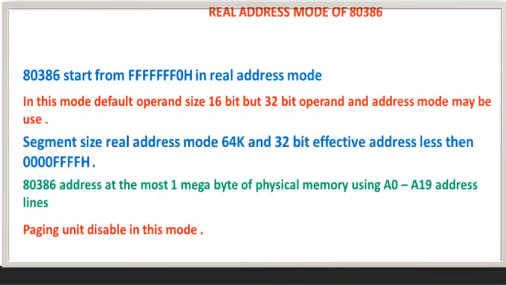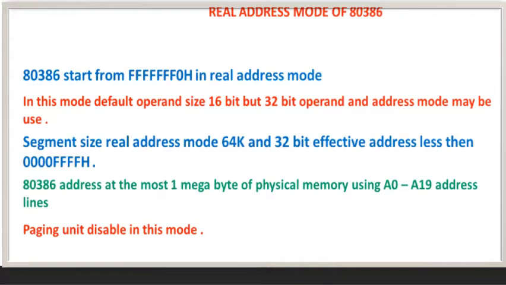In this mode, the 80386 works as an 8086 processor with 32-bit registers and data types. The addressing mode, memory size, and interrupt handling of the 80386 are the same as the real mode of the 80286 microprocessor. Initially, the 80386 starts in real mode and then prepares for protected mode operation.